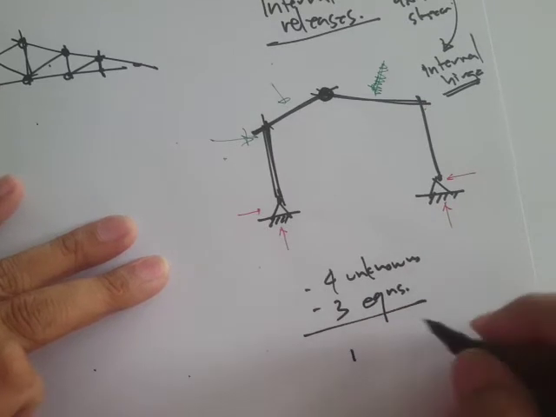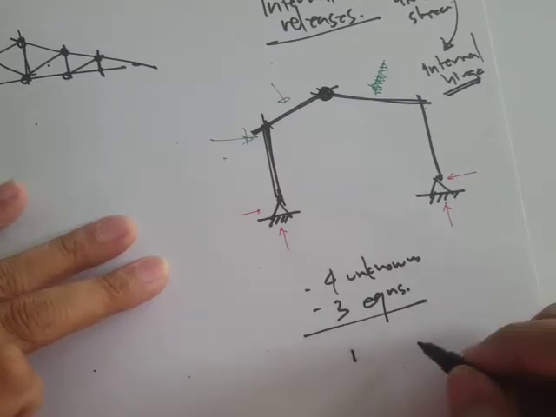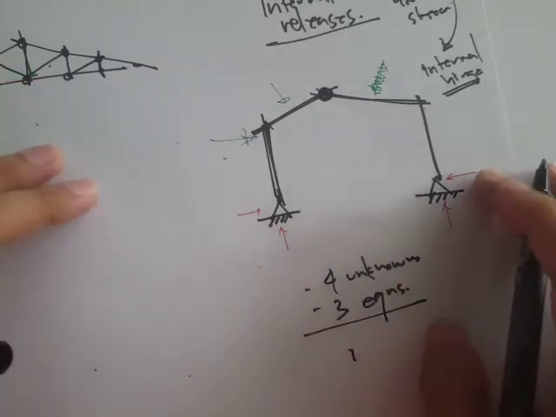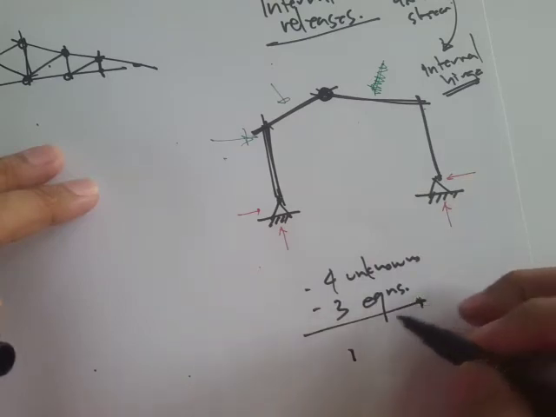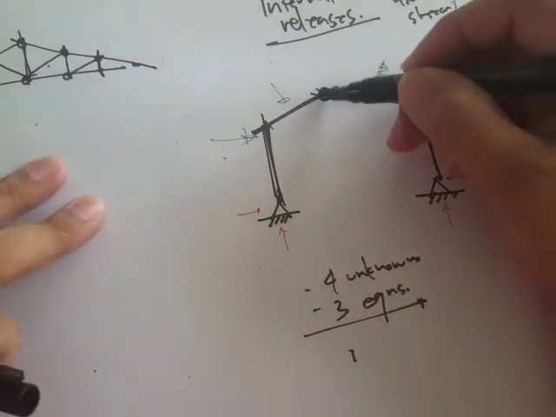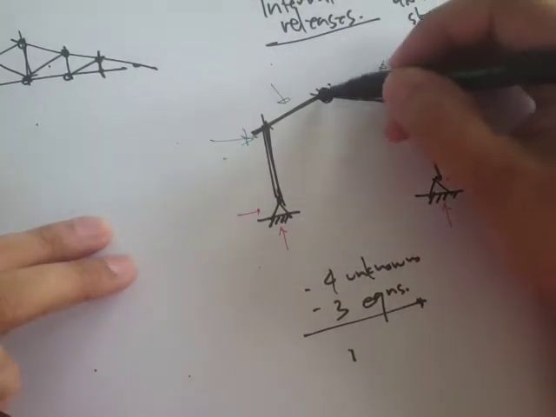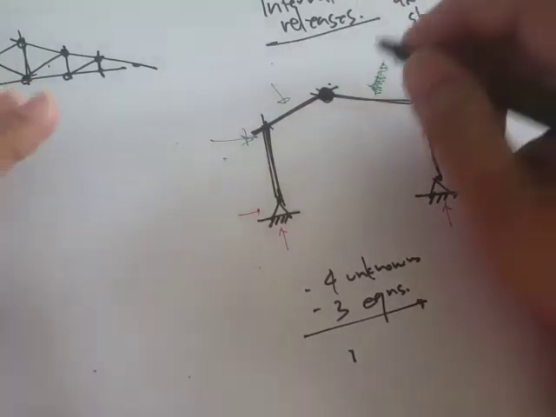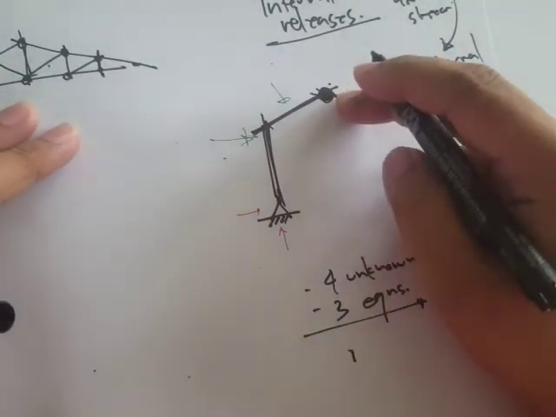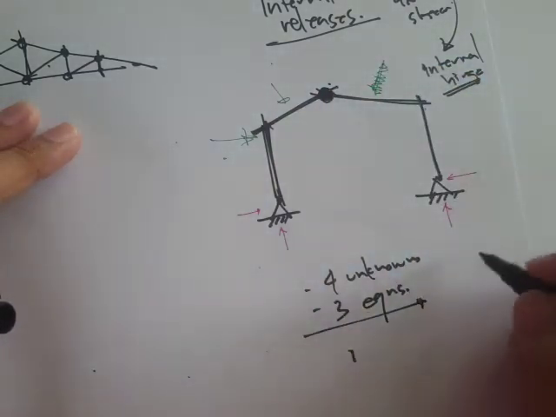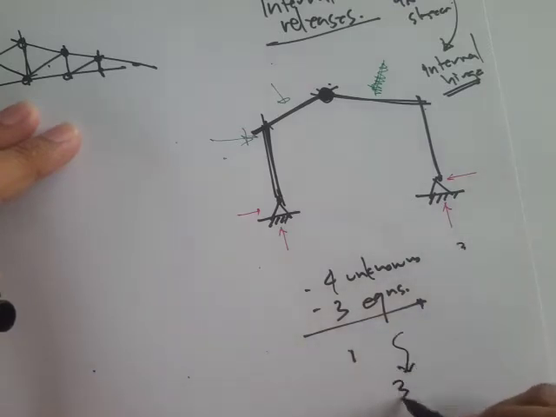So meaning that we have indeterminacy to the first degree. We cannot solve the structure using equilibrium equations alone. But if we add this internal release or moment release in the structure, that actually adds another equation, which decreases the number of unknowns. So instead of 4 unknowns, there are going to be 3 unknowns left. Okay, so we'll discuss this later.